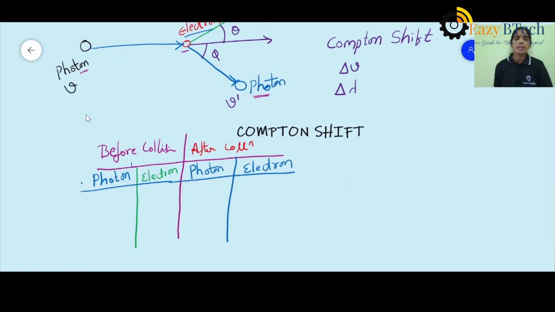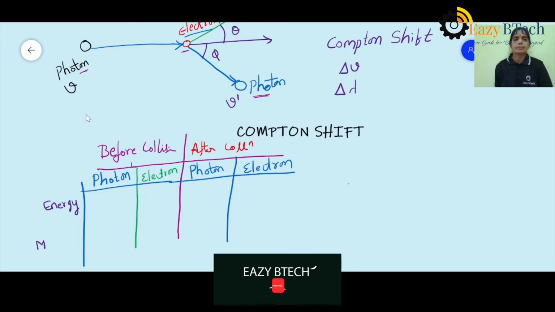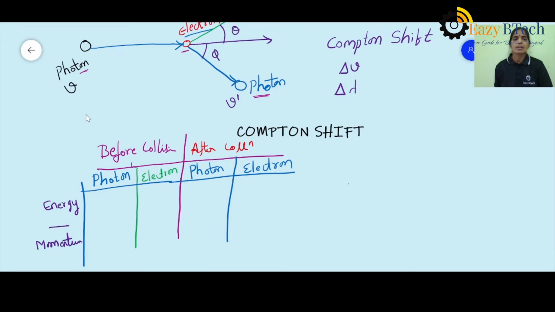So we will look into the parameters of energy and momentum in both the situations, that is before collision and after collision, for photon and electron.